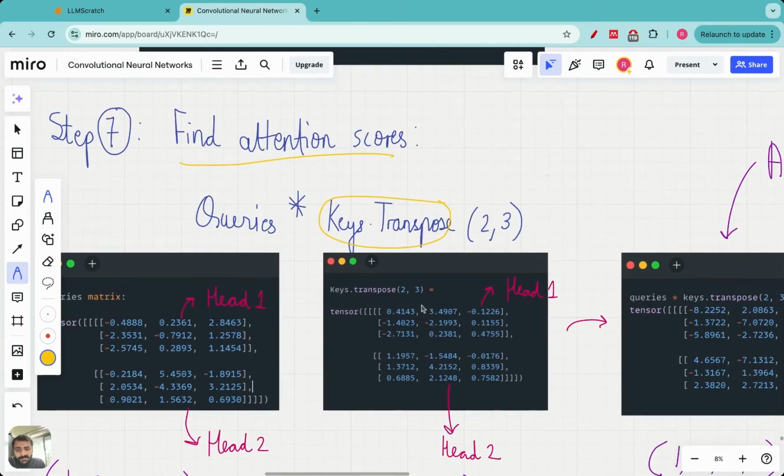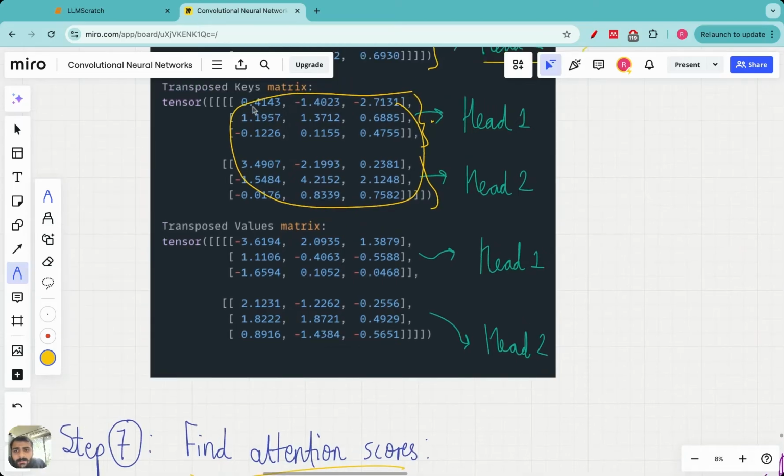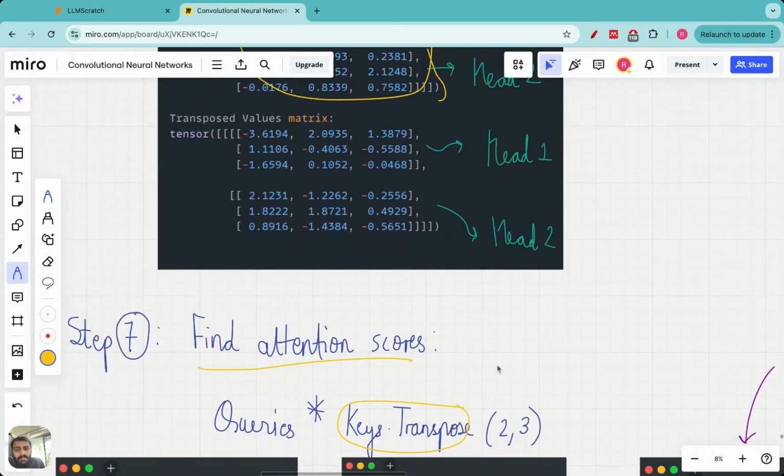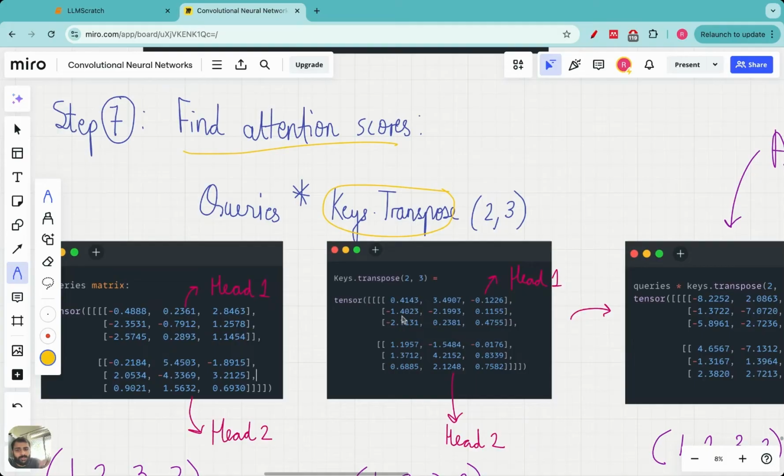Yeah, so this is the transposed key matrix now. Here you can see the key matrix. If you see the first row, it's 0.4143, minus 1.4023 and minus 2.7131, right? So when we do keys transpose 2 comma 3, it will transpose along the last two dimensions. So now that row which we saw has now become a column over here.